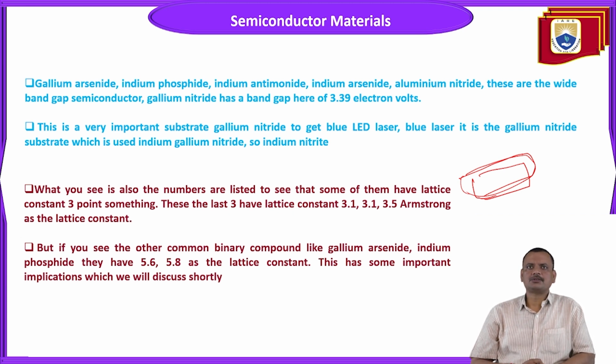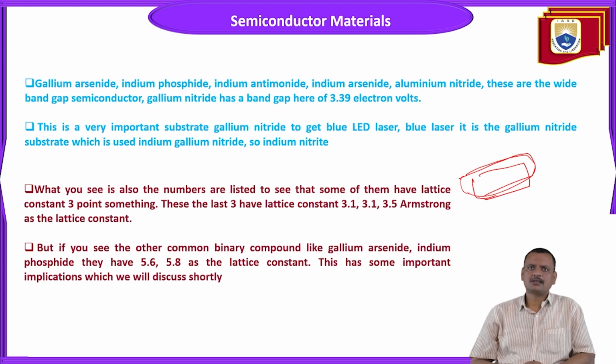Okay, so this is very important for getting a blue LED laser. See, if you want to develop a blue LED laser, you have to use the gallium nitride substrate. For the blue laser, it is the gallium nitride substrate on which indium gallium nitride, also indium nitride, is used.